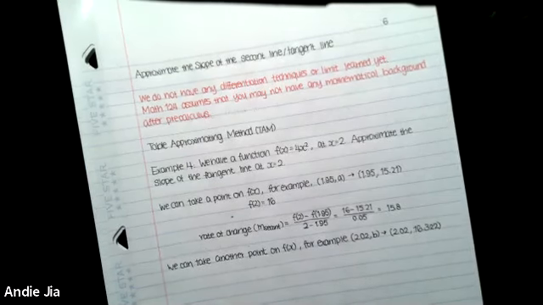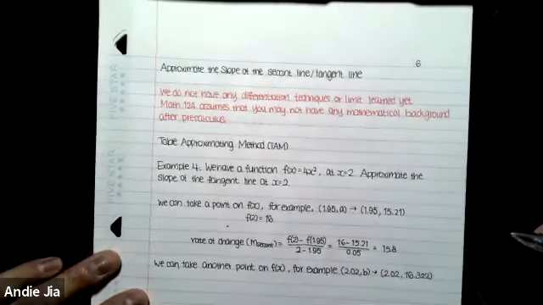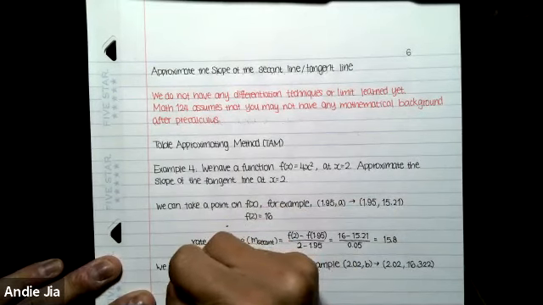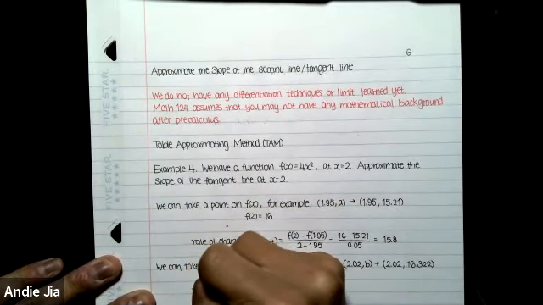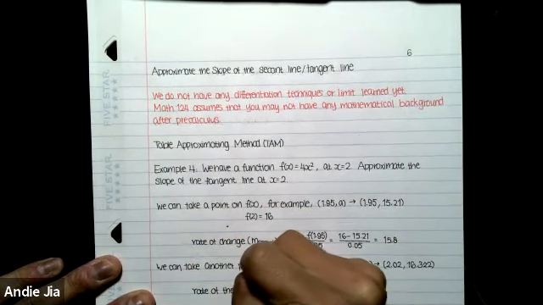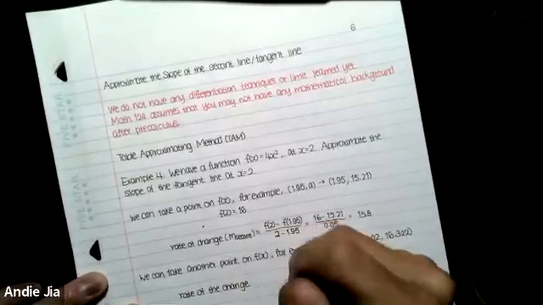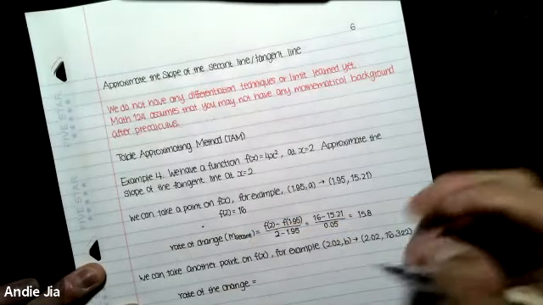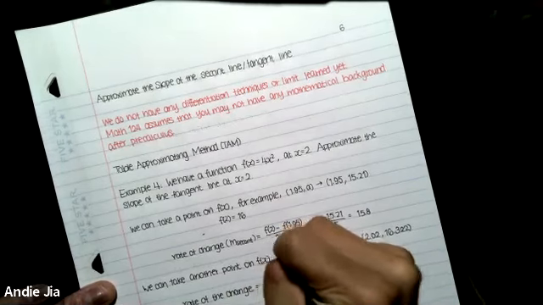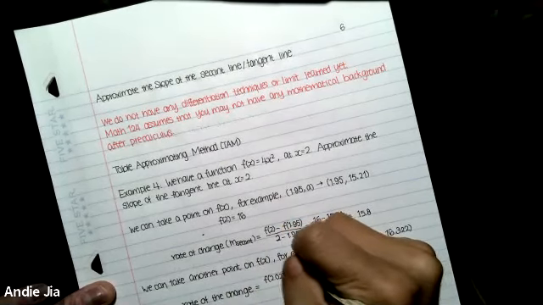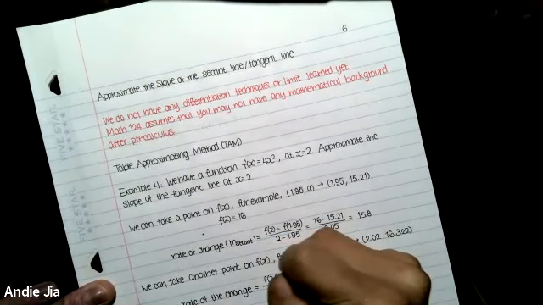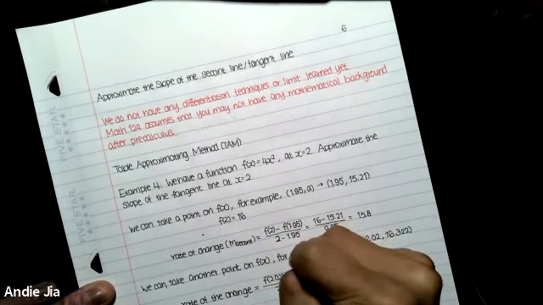The rate of change, the slope of a secant line, is f of 2.02 minus f of 2 over 2.02 minus 2.